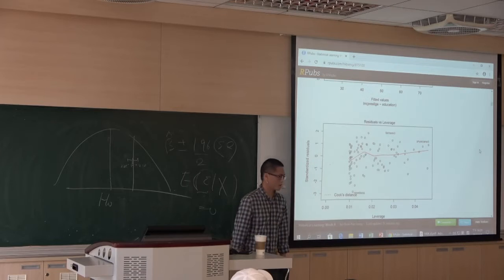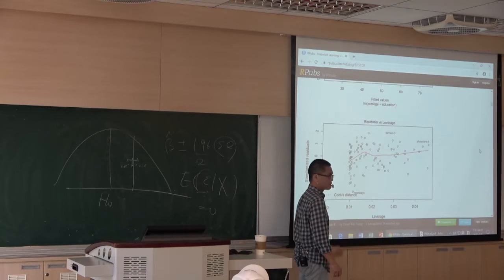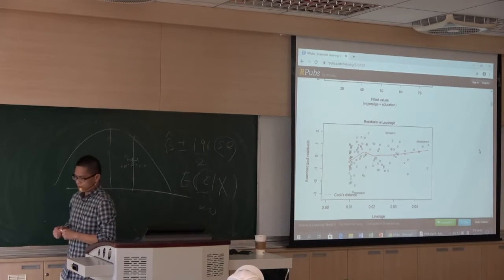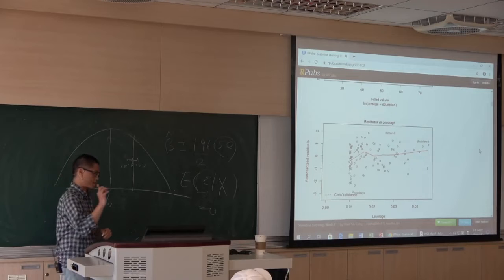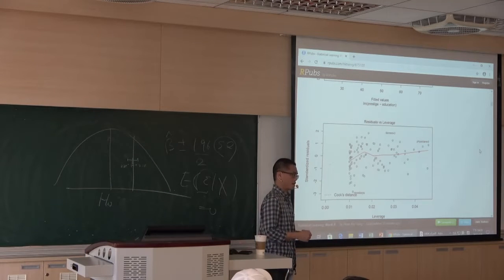So what does that really mean? You see that there's a measurement called Cook's distance. It is a measure of how far a particular data point is from the distribution of the entire data.